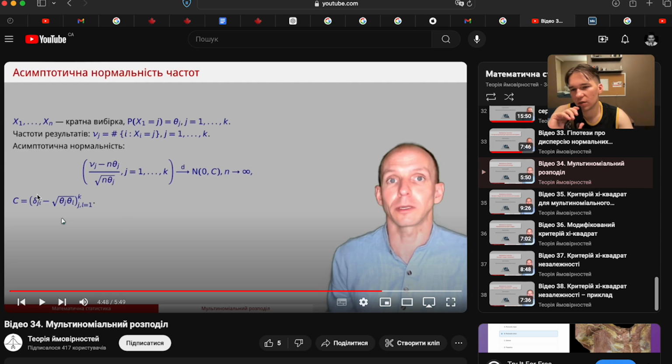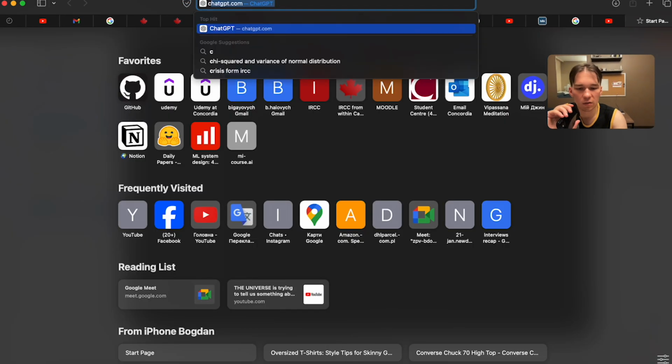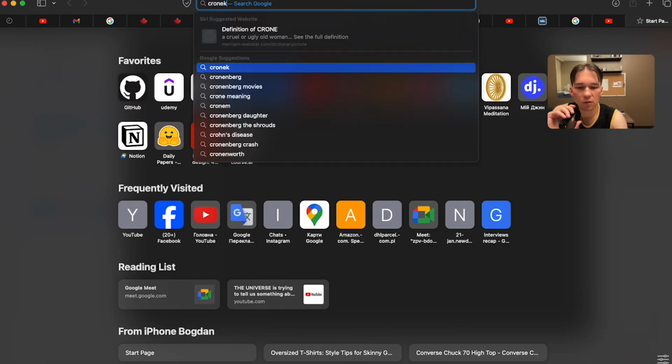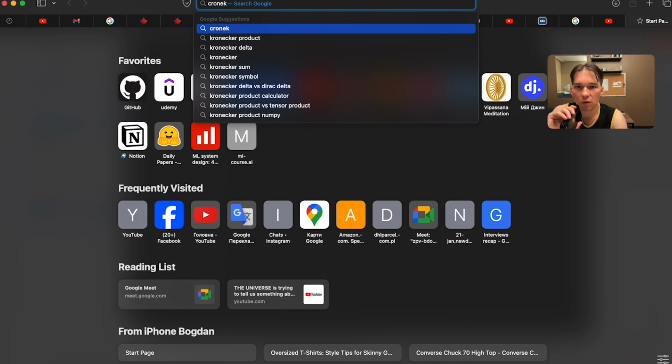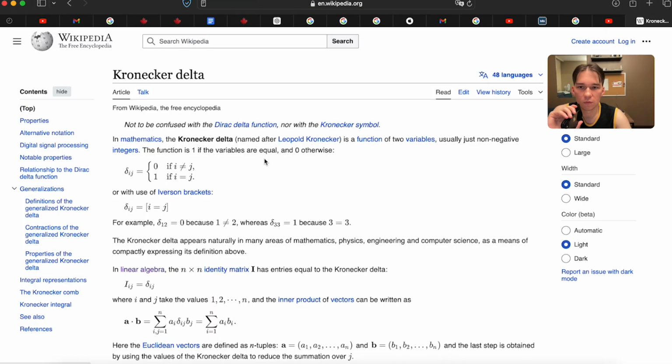So this is basically either 0 or 1, depending on the j here. He is calling it delta, Kronecker's delta. Let's Google it. I'm really bad at Kronecker. Google knows everything.